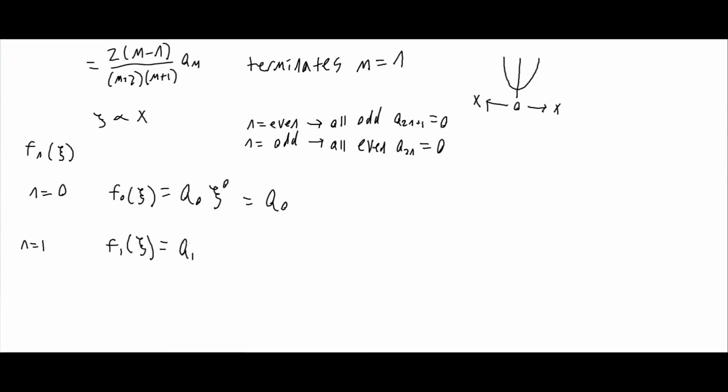So we are not having an a sub naught term in here, and so that is a sub 1 times xi to the 1st power, and so that will just equal, and we end up writing it in this sort of weird way because that helps us make it look like the Hermite polynomials, a sub 1 over 2 times 2 xi, and that's to the 1st power, so it's just xi.